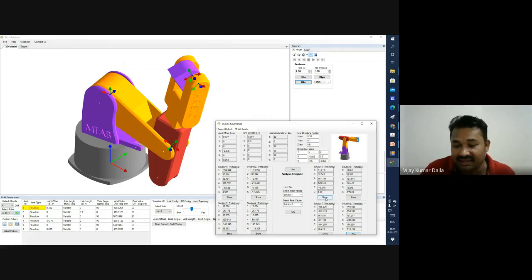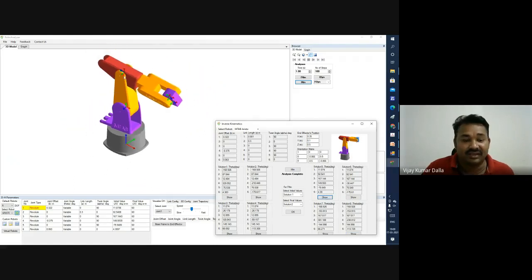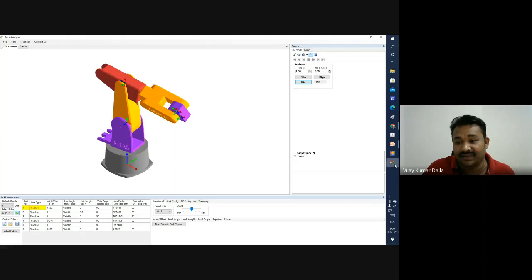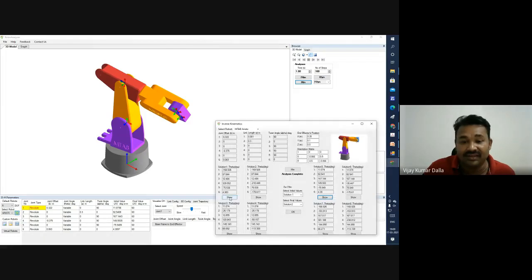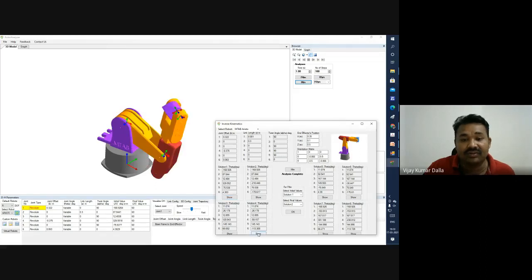Here, randomly, I am clicking to know the configuration. Like solution 5, see, the configuration has changed here. Similarly, solution 1, solution 4, but one thing to remember, the end effector positions are at the same point. Okay, but the joint variables are changing, and due to that we are getting different configurations.